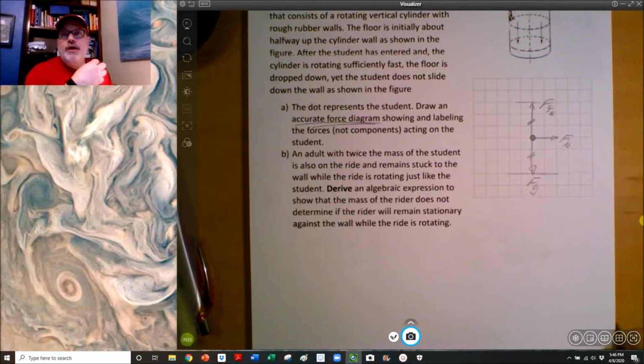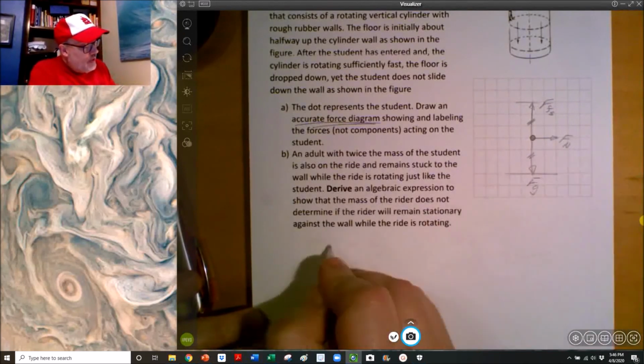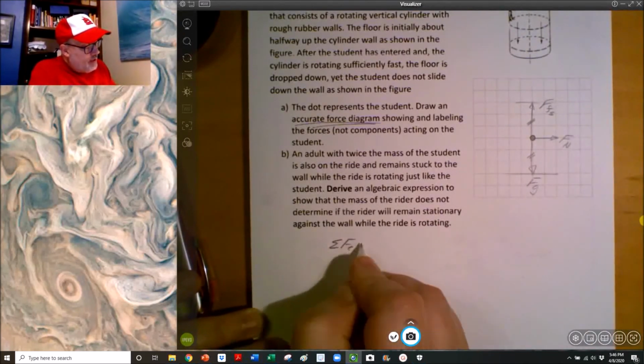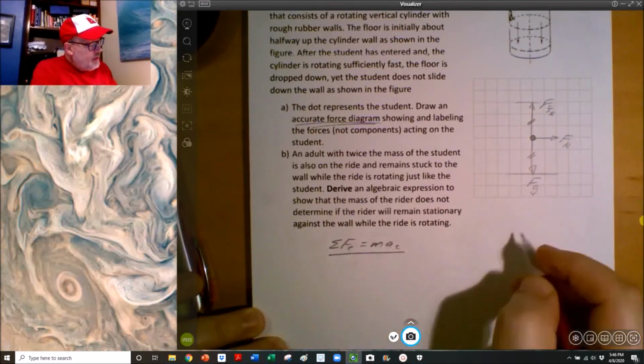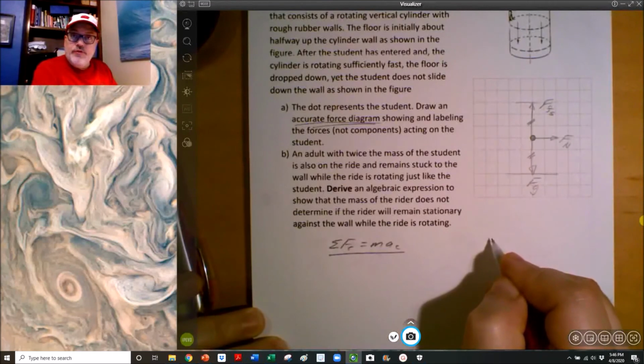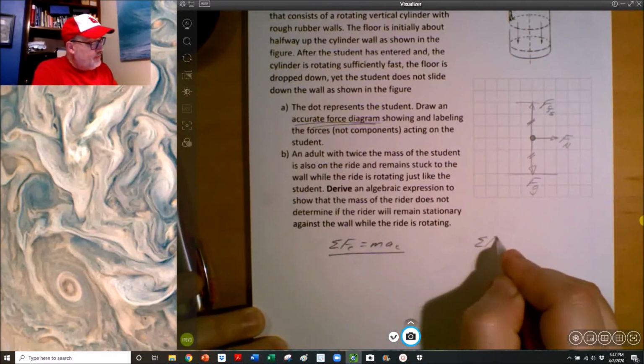So how do we go about solving this particular problem? Well, let's write down what we know. We know that in the x direction, we're accelerating towards the center. And in the y direction, we know that the forces have to cancel out. These two cancel because we're not accelerating up or down.